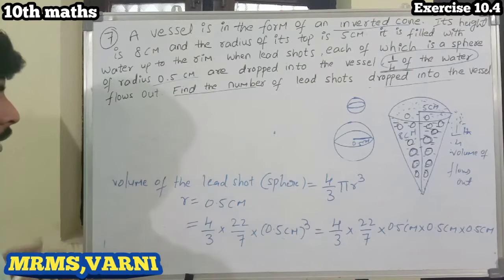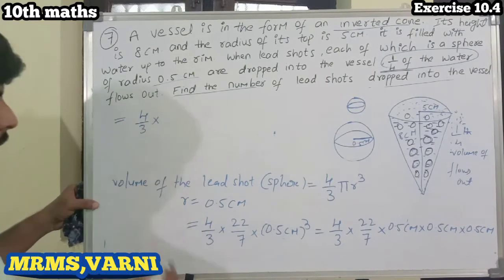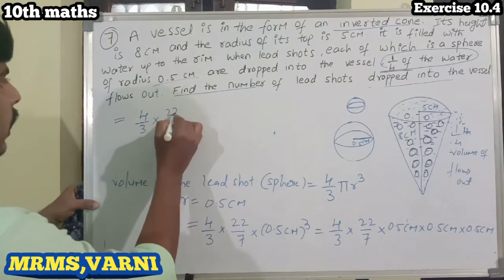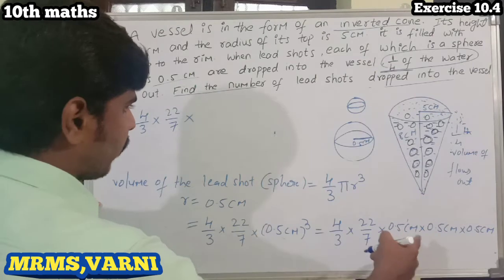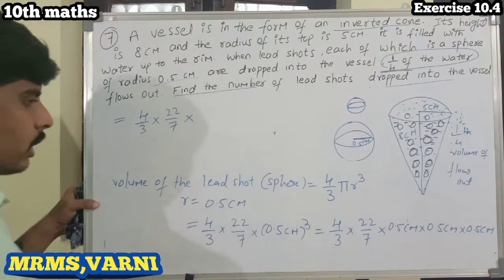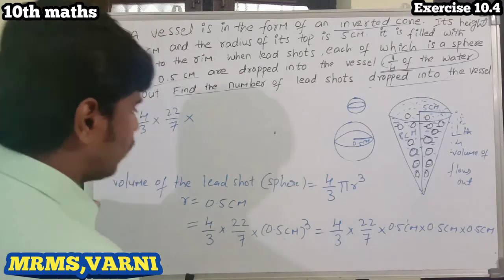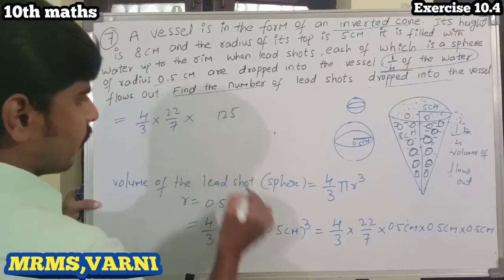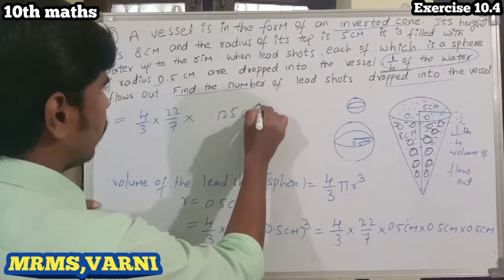Next, 4/3 into 22/7 into 0.5 into 0.5 into 0.5. Forget about this decimal point for now. What is 5 cube? 5 into 5 into 5, nothing but 125 centimeter cube.